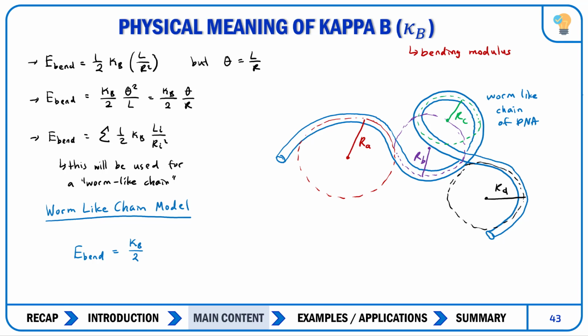This is technically the integral from 0 to the total length of 1 over r squared of s ds for a small step size length. That specific model is one that we won't specifically apply in a testing situation, but we might work together on it for an assignment or a group project.